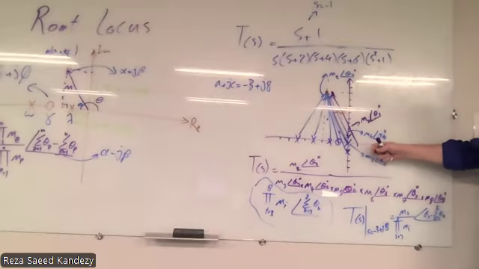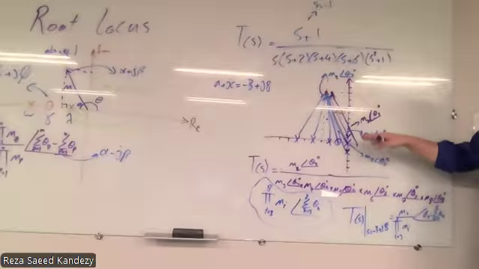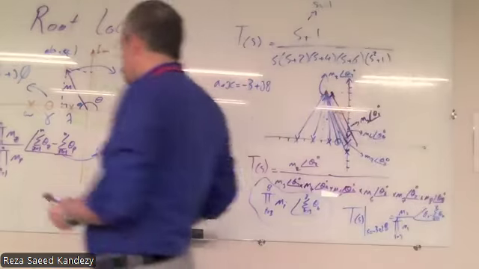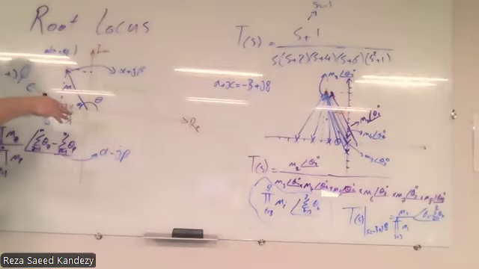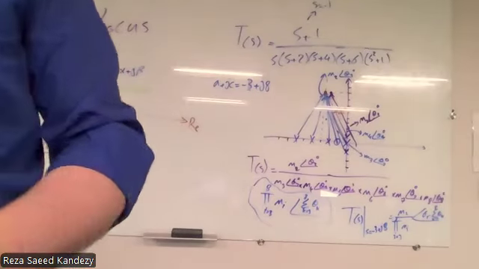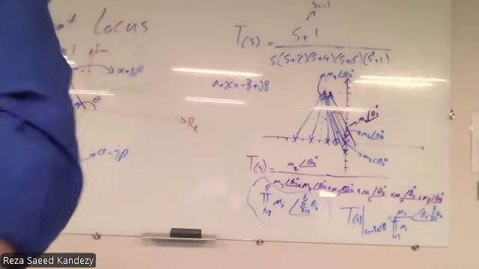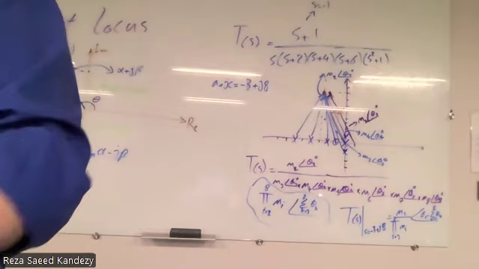So you can see that one of the characteristics of our pole zero graph is that we can find the value of our T on any specific point in our graph. Are we good? Any questions? No?